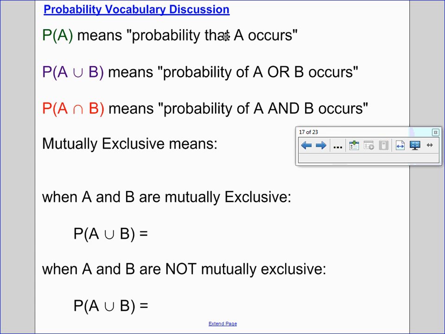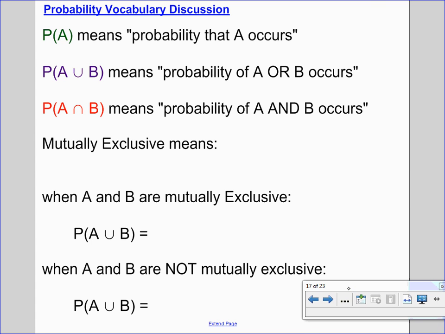All right. So let's go ahead and make sure we're comfortable with the notation. P of A means the probability that event A occurs. P of A union B means the probability of A or B occurring. This is a union symbol, and we'll label it as such.